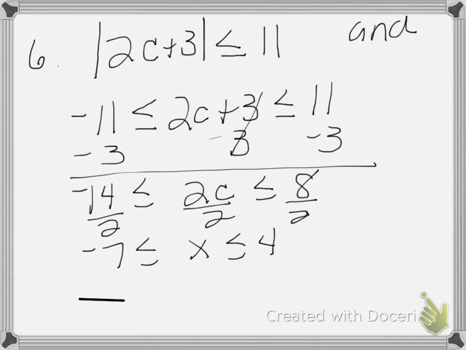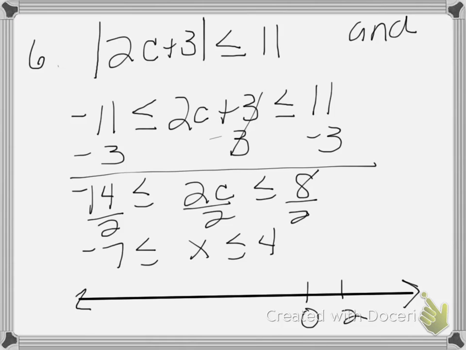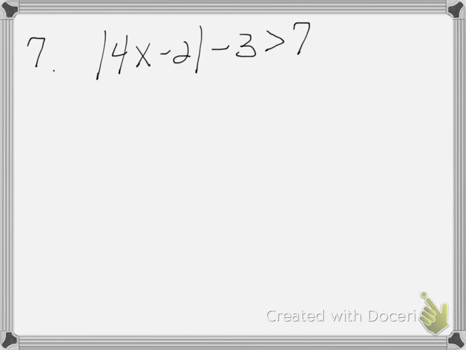Draw your number line. Closed circle at negative 7, closed circle at positive 4, and everything in between.